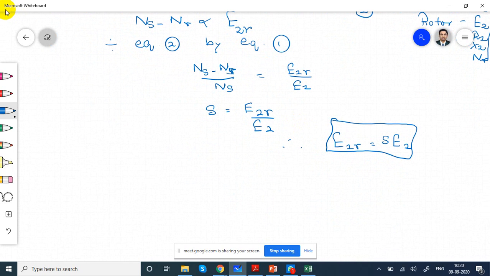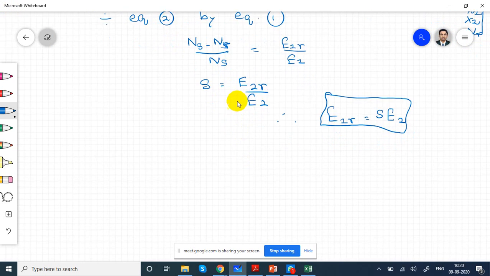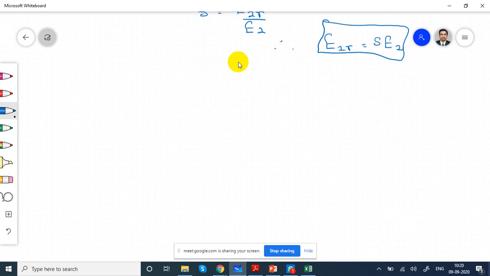And third one, we are going to see rotor resistance and reactance.